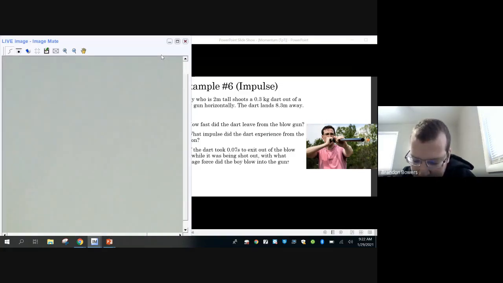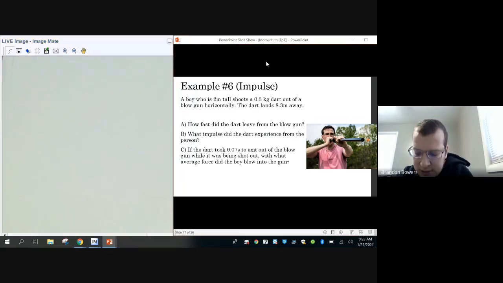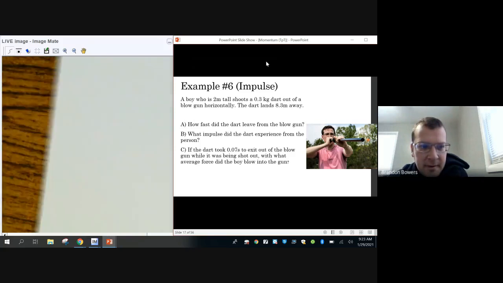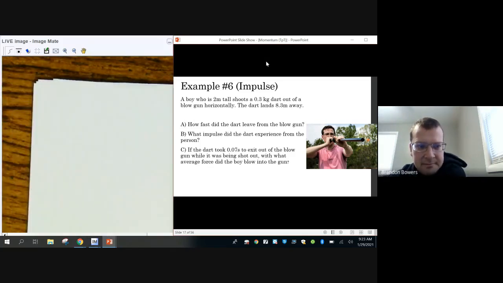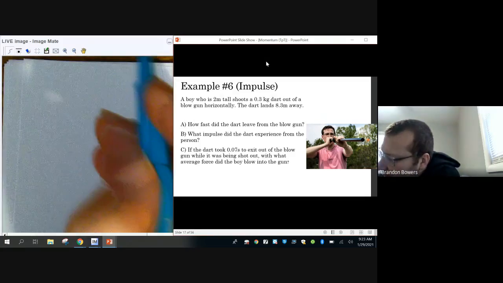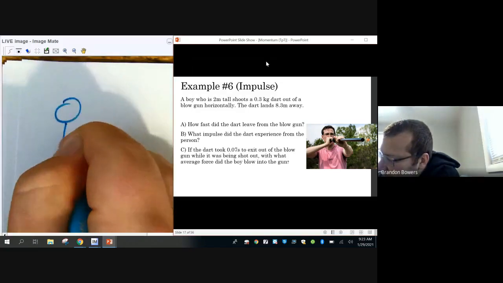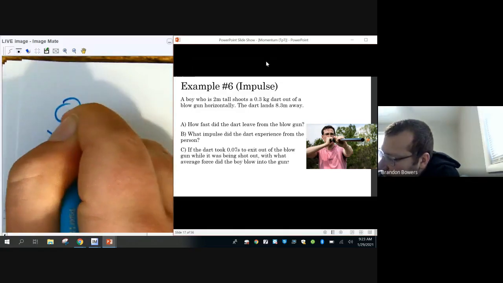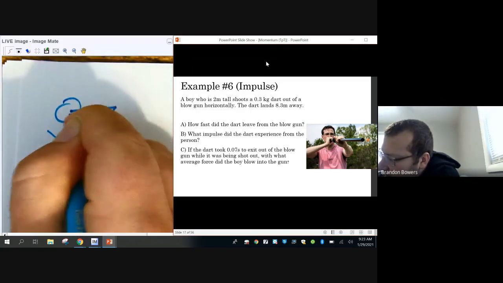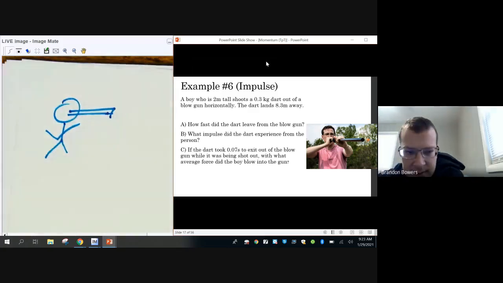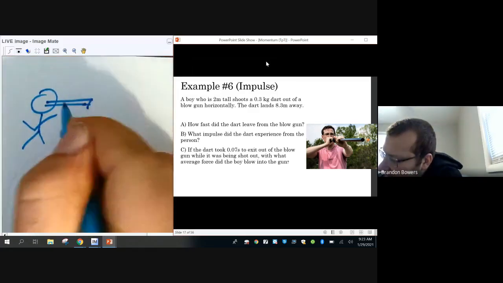So looking at this, a boy who is 2 meters tall. He has a blowgun. He's 2 meters.